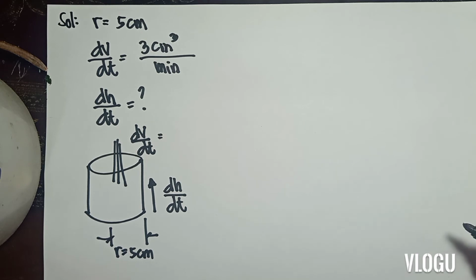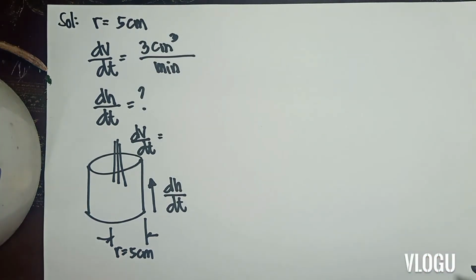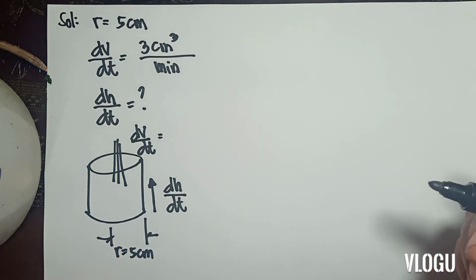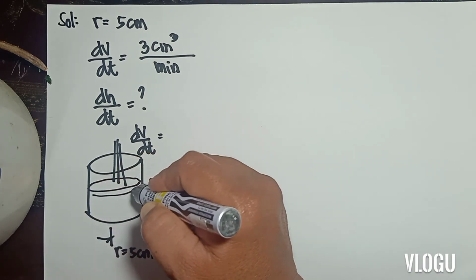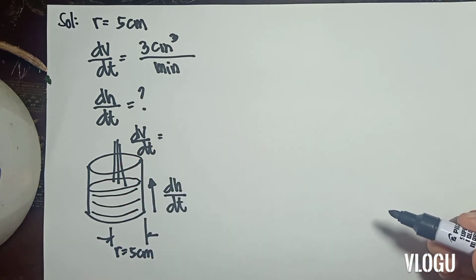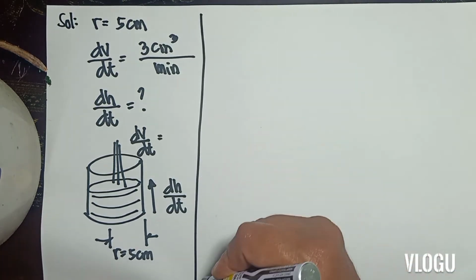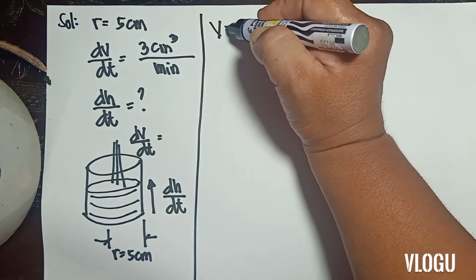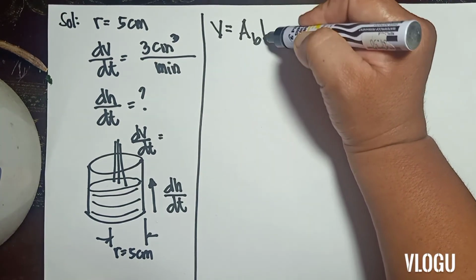Okay. So, to solve this one, let's start with the formula for the volume of the water inside. The water inside is still in cylindrical form. To find the volume of a cylinder, that is the area of the base times height.